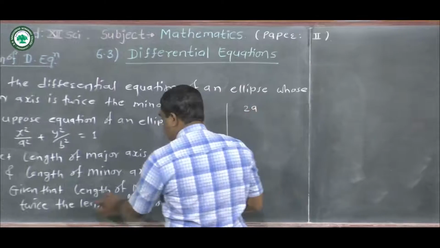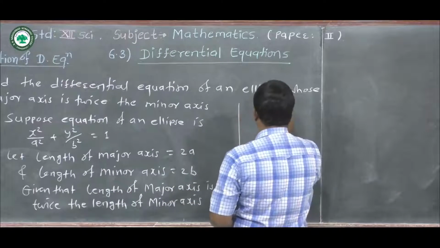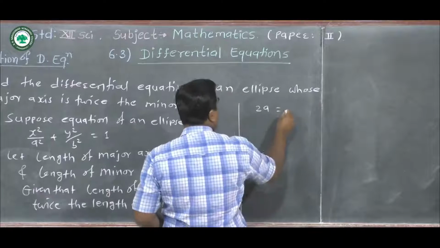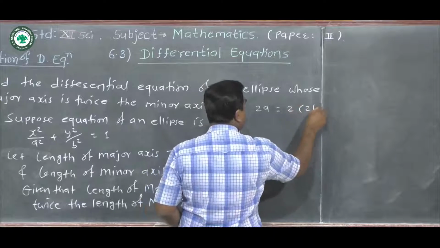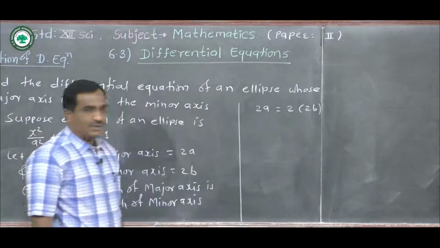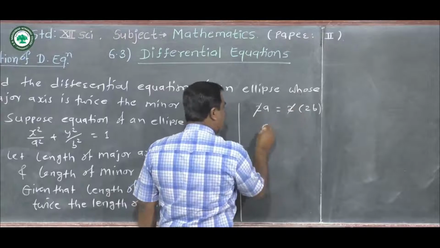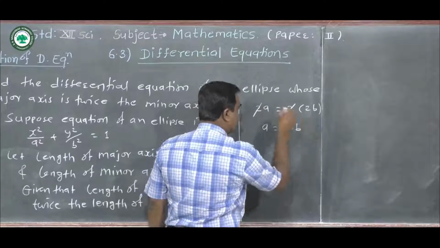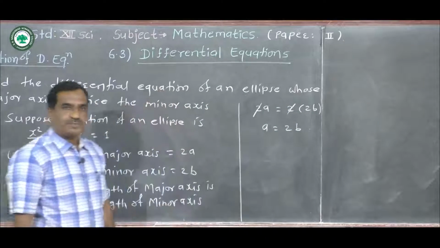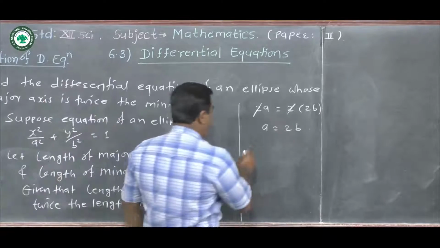Length of major axis is 2a, which is twice the length of minor axis. Therefore we have 2a equal to 2 into 2b. Now 2 gets cancelled here. Remains only a is equal to 2b. Put this value of a in equation first.